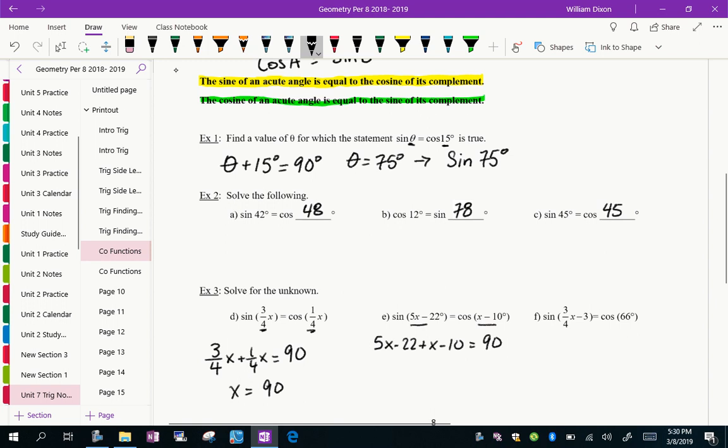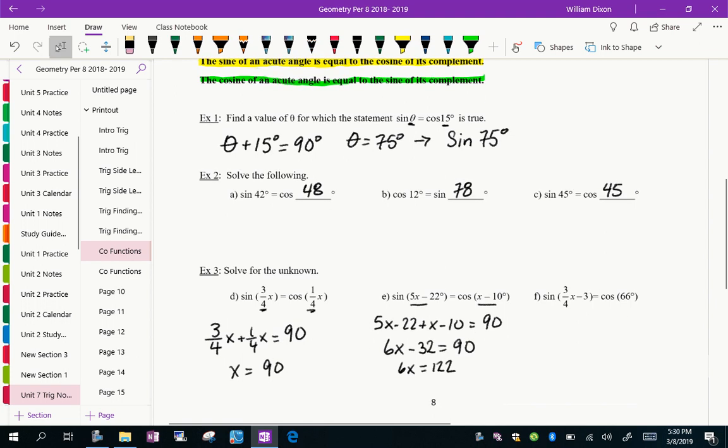So my 5x and x is 6x. And then negative 22 minus 10 is going to be minus 32. That's going to equal 90. I'm going to add 32 to both sides of the equation, and I'm going to get 6x equals 122. When I divide 6 to both sides, I get x equals 20.3.